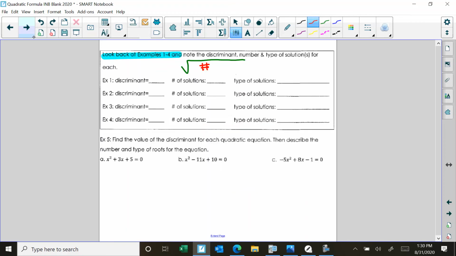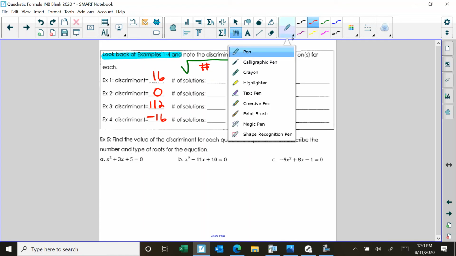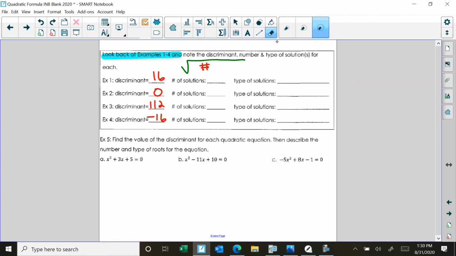So that is 16, 0, 112. Sorry, I'll rewrite that. And negative 16. Okay, and what we just finished talking about was these numbers will either be one of 3 categories.